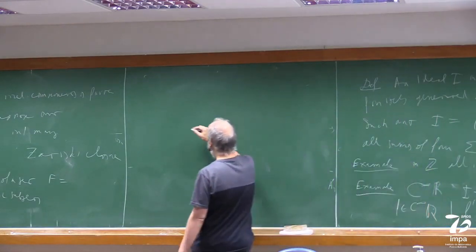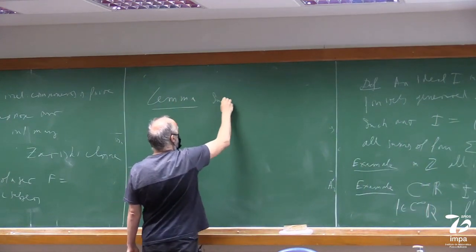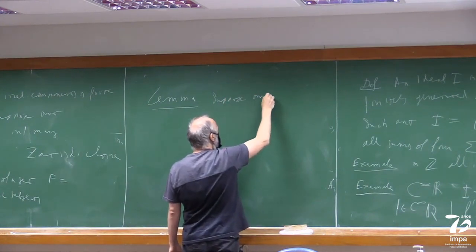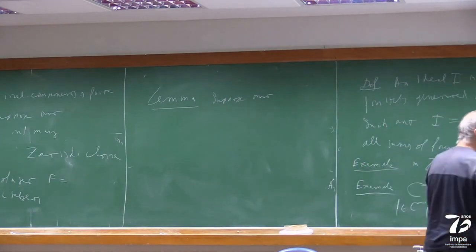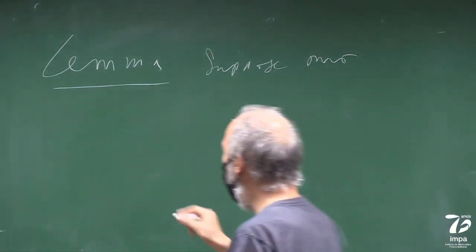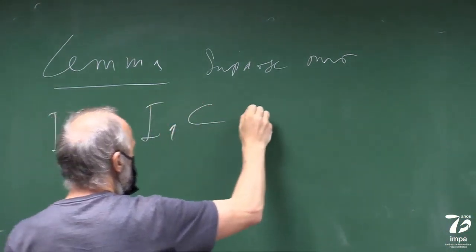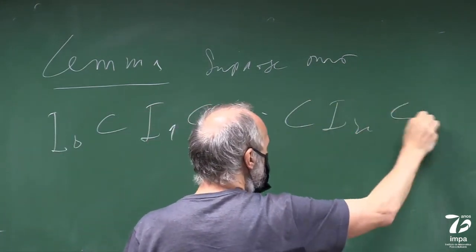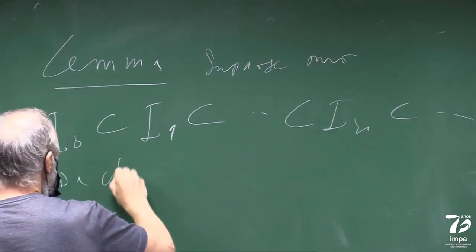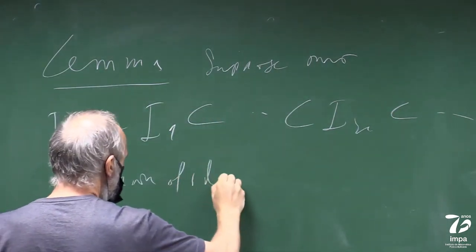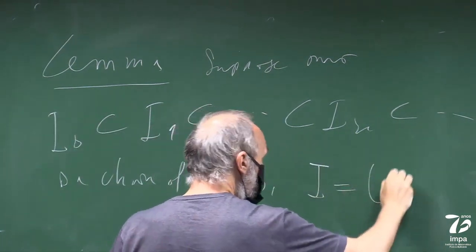Okay, so now a lemma. Suppose that I_0 inside I_1 inside and so on, inside I_n inside and so on, is a chain of ideals, and I is equal to the union of all of them.